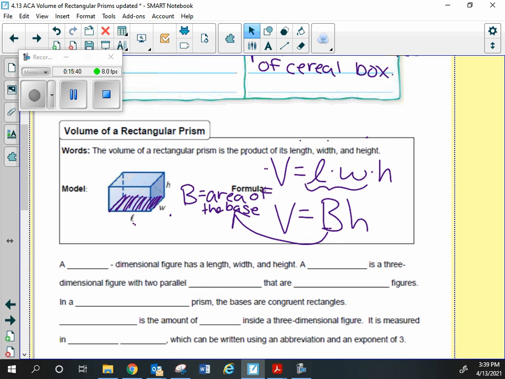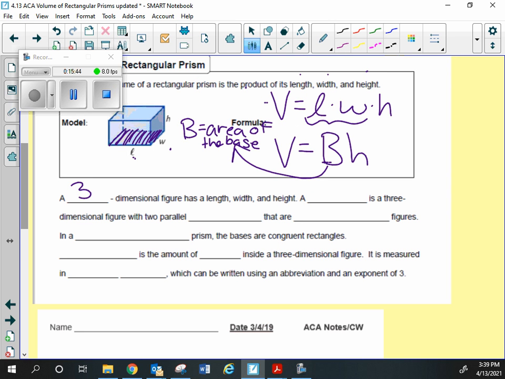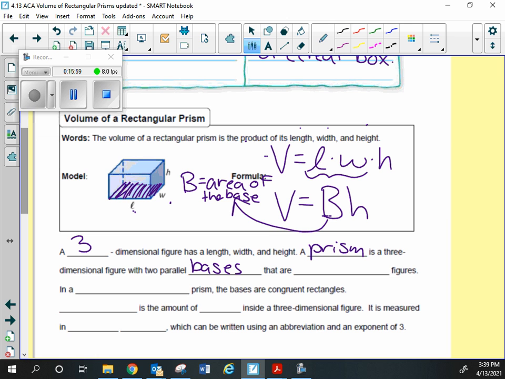Okay? So, again, filling in these lengths, a three-dimensional figure has a length, a width, and a height. A prism is a three-dimensional figure with two parallel bases. Okay, so I have a base right here, and it is parallel.